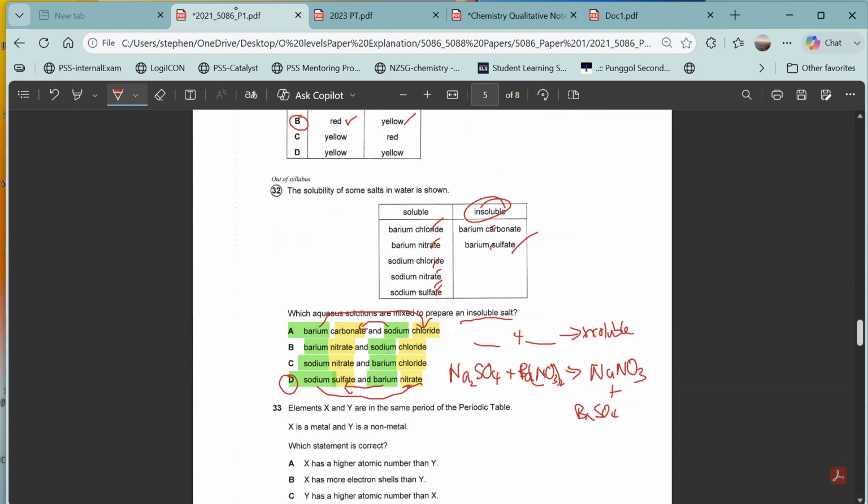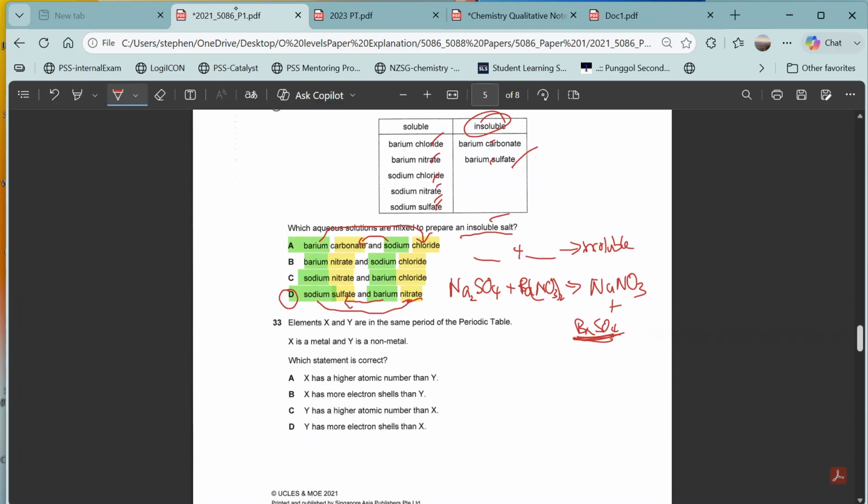Can you see that? The same green and blue. And then this is the insoluble salt, because they want the insoluble salt. You can try the rest, A, B, C. You won't get any insoluble salt. Anyway, A is not possible. This is not in our syllabus already, but it's good for you to know.